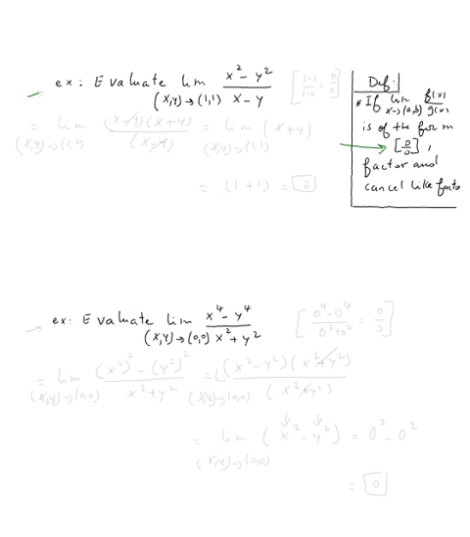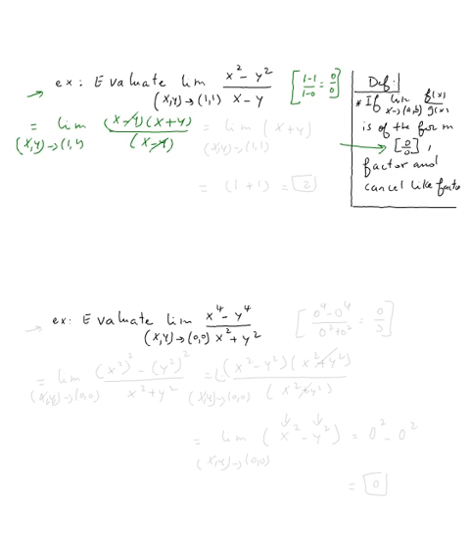Again, the next example is the same thing. If we plug in (1, 1), we'll get 1 minus 1 over 1 minus 1, which is the form 0 over 0. So what we do, we factor. (x, y) approaches (1, 1). We factor x squared minus y squared. That's going to give us (x minus y)(x plus y) over (x minus y).